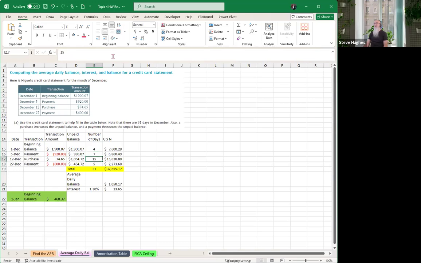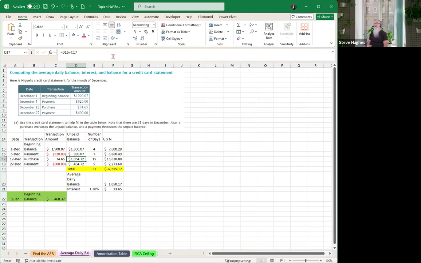Okay. So next, what happened on the 12th of December? We made a purchase, which means we are adding to our debt on our credit card. So it's an addition of 7468. What do you guys think the next formula is going to be? It's going to be the previous unpaid balance plus your new purchase, which is 1,054.72.